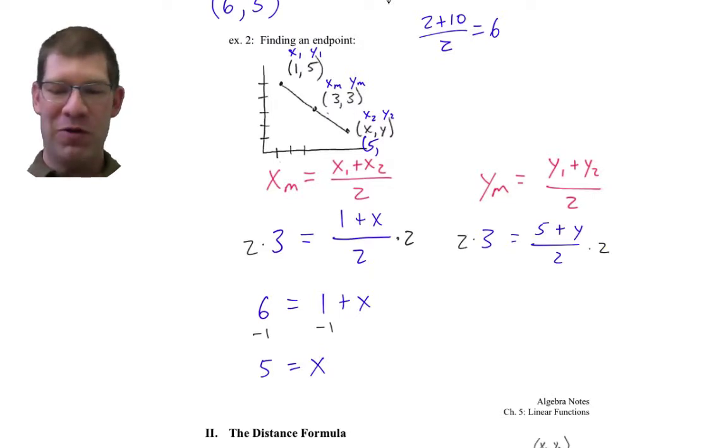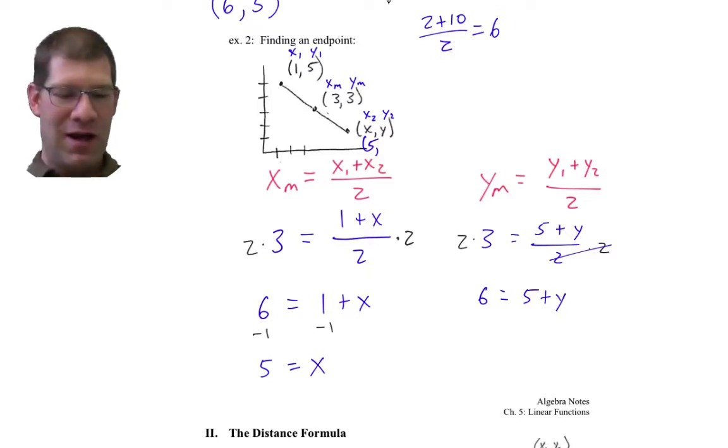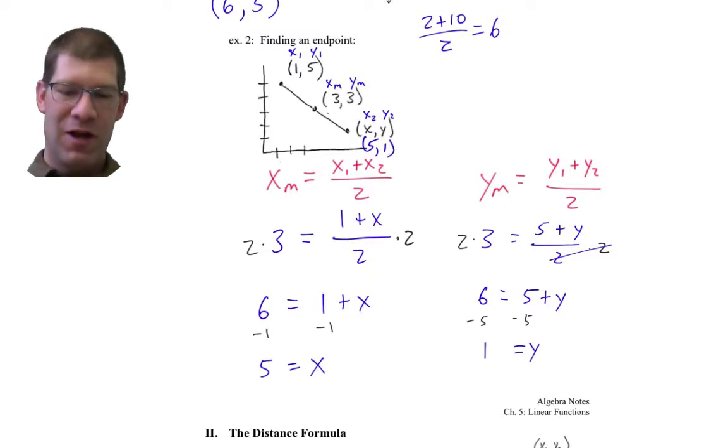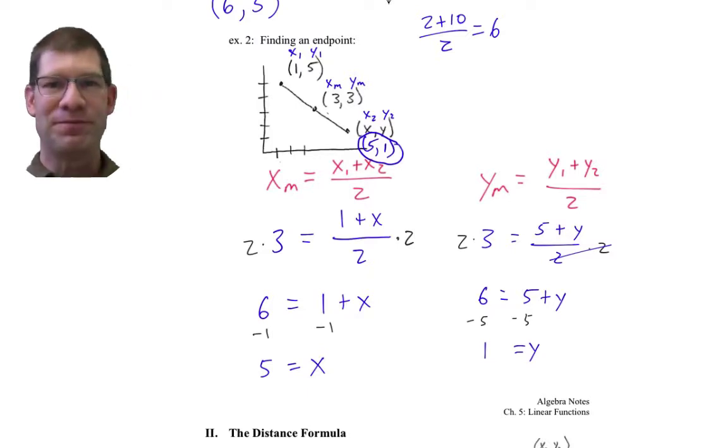I start out by multiplying by 2. That'll always be the first step. And we get a 6 again equals 5 plus y. You won't always get the same number there. And then last step, they had added 5, so we subtract 5. And my y value then is 1. So my final point, kind of crammed in there, is going to be 5, 1.